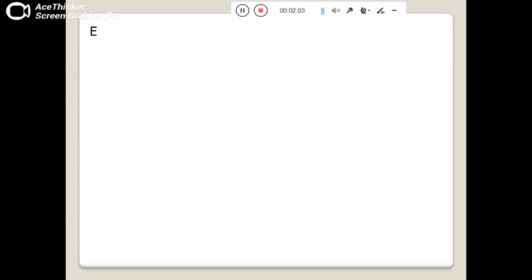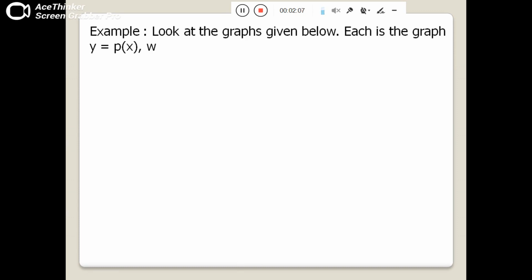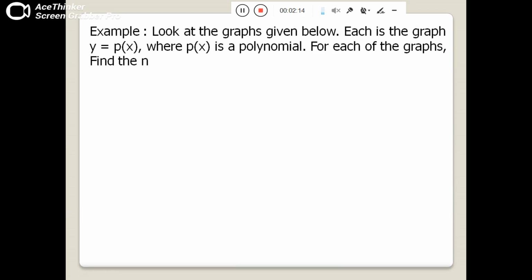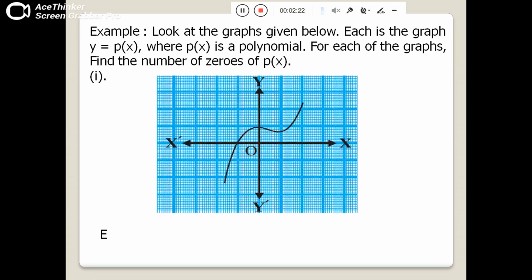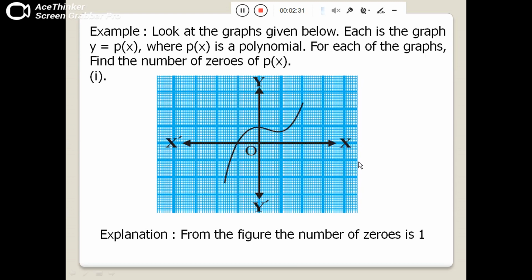Okay, let us understand a few examples. Look at the graphs given below. Each is the graph of y is equal to p(x), where p(x) is a polynomial. For each graph, find the number of zeros of this polynomial. So the first graph is shown here in front of you. In this graph, you are seeing that the line intersects the x-axis at only one point.